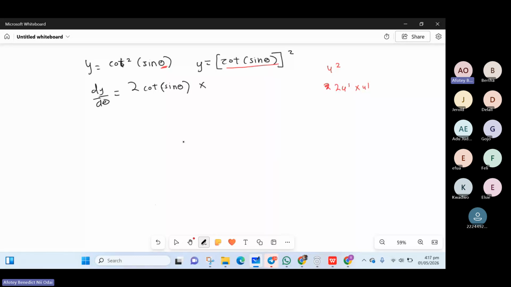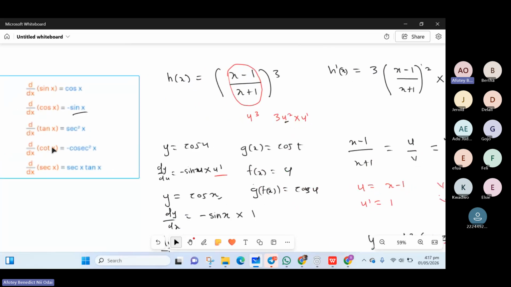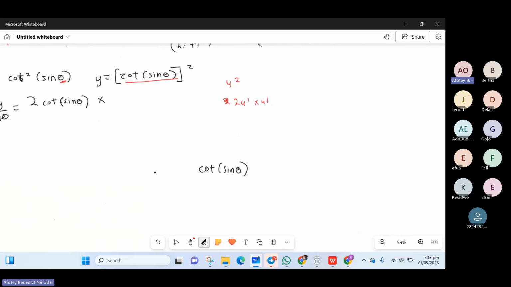Now u prime is the differential of this entire expression. So now we have another expression to differentiate. We have cot sine theta to differentiate. Now again, it follows a similar trend where sine theta now becomes our u. So what's the differential of cot theta? Cot theta is negative cosec squared theta, right? Negative cosec squared theta.